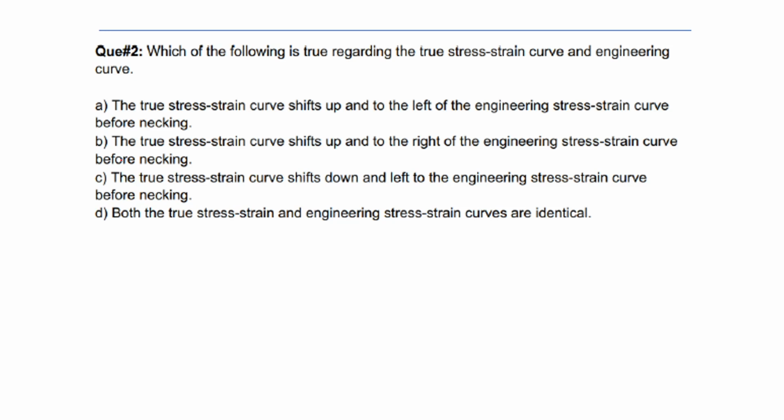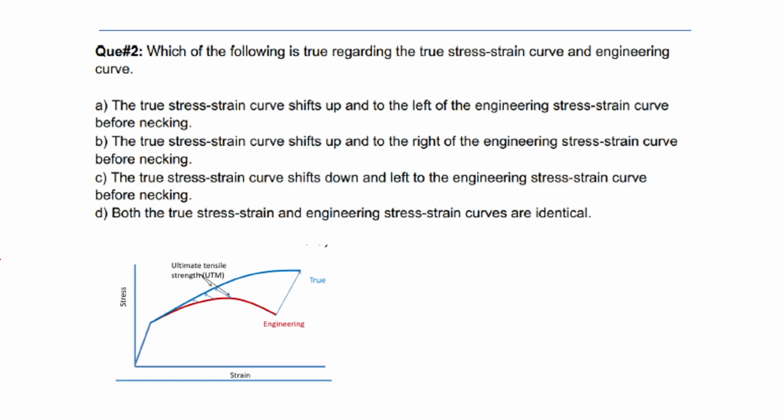Option B is the true stress strain curve shifts up and to the right of the engineering stress strain curve before necking. Option C: the true stress strain curve shifts down and left of the engineering stress. Option D: both are identical. So which one will be the answer? This is the stress strain curve, right? One is engineering, another one is true.